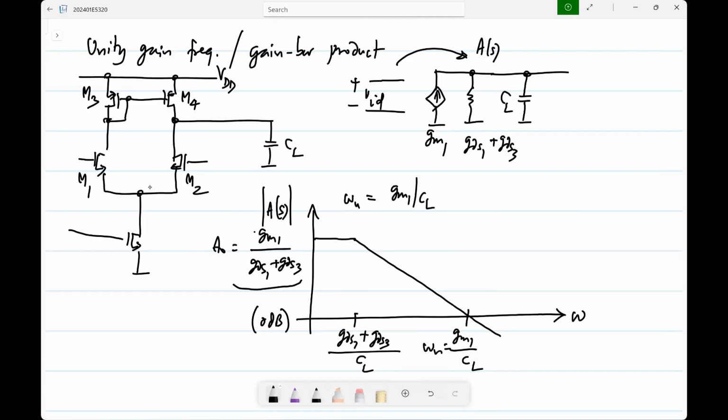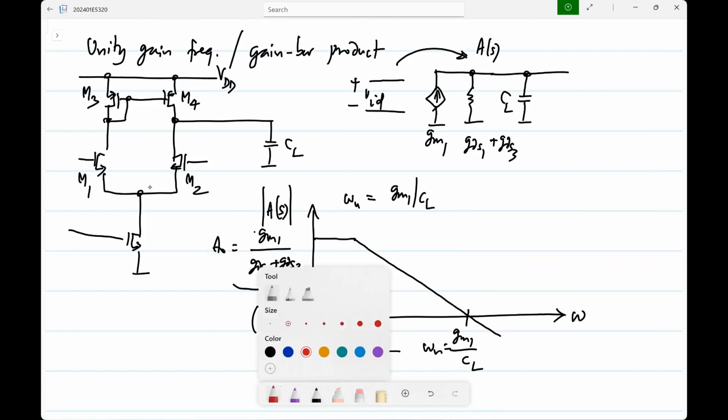Now, is that it? Is this the transfer function of the op-amp, or is there something more to be considered? Which is the one that would make a difference here? There are other nodes also, right? I will consider only one of them.